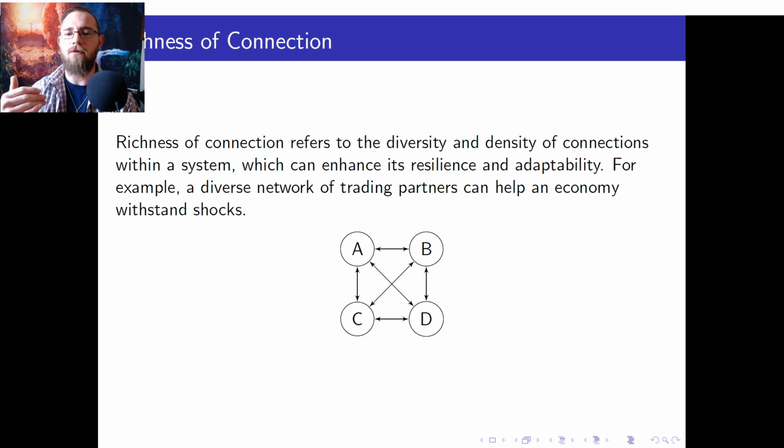So if you're in economics, again, let's say you're a regional advisor, you want to foster rich connections between industries, regions, and then if you can, obviously it's not going to be as applicable, countries. This can lead to more resilient and robust economies. So by developing these rich connections within the system, we have that increased resilience and adaptability.